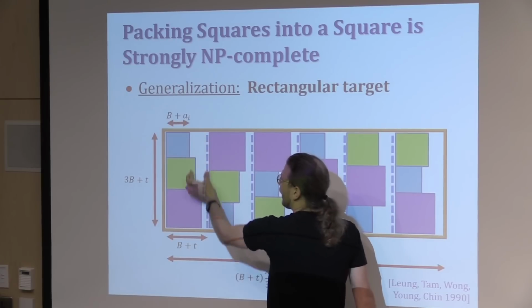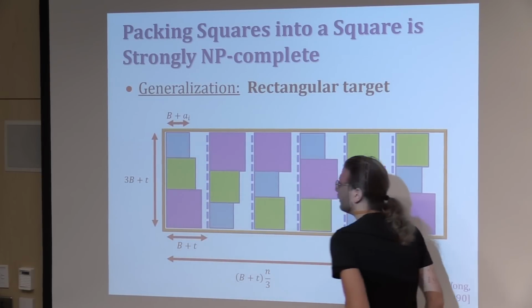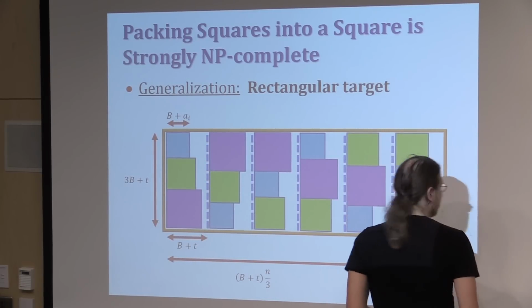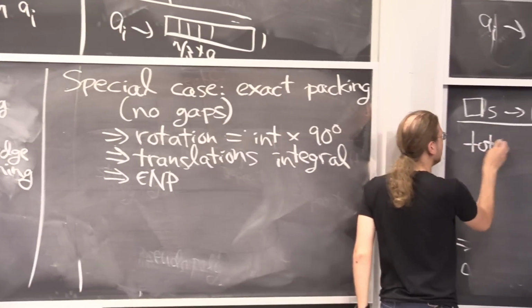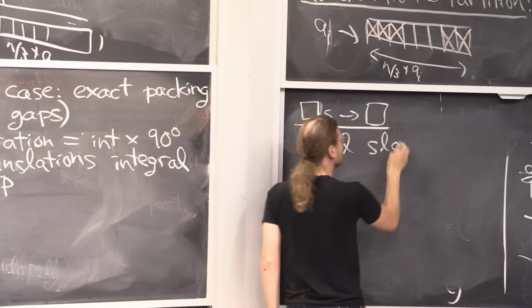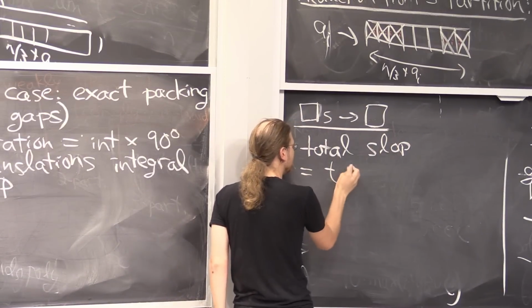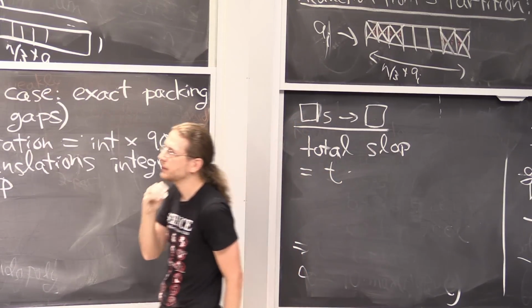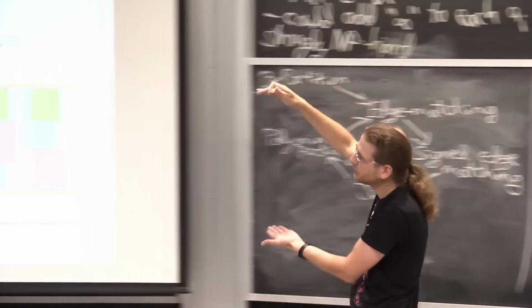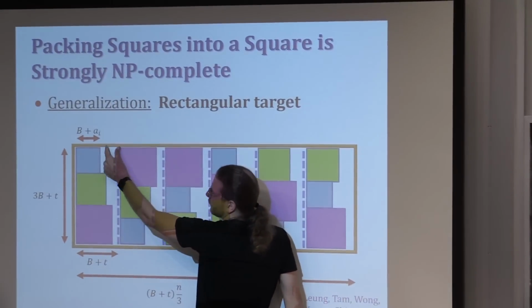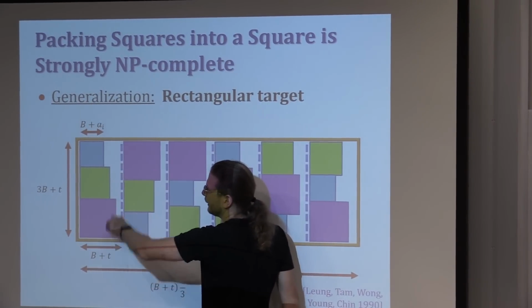But the gaps here are always at most t. So this total slop is t times the height. That was the width of one sliver of slop, and then the height is 3b plus t.